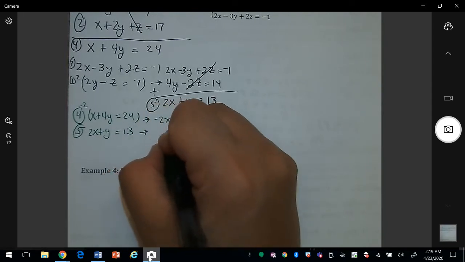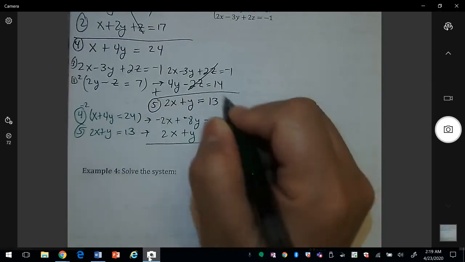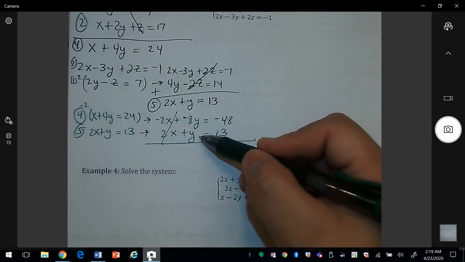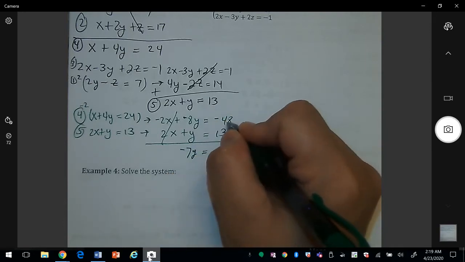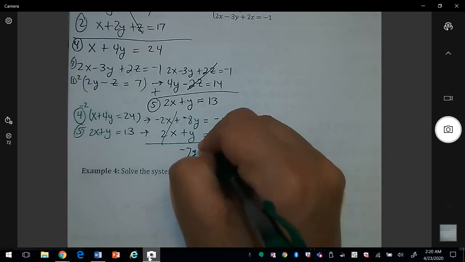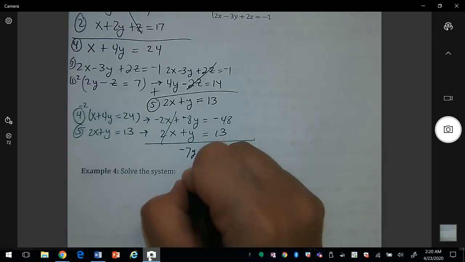The bottom one remains the same. So the x's give me 0. -8y plus y is -7y. And -48 plus 13 would be -35, divided by -7. And so y is going to be equal to 5.